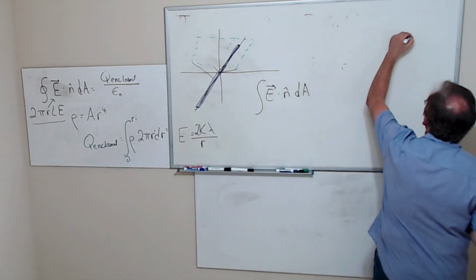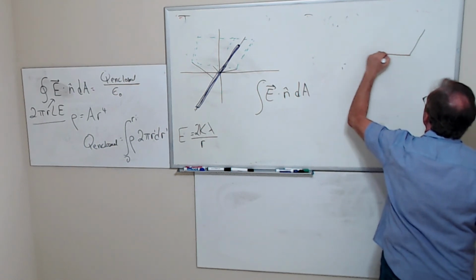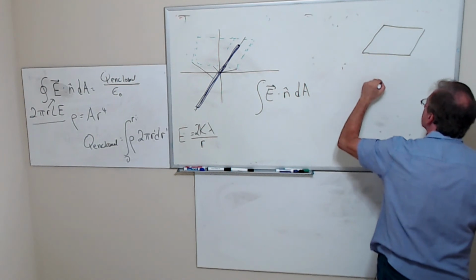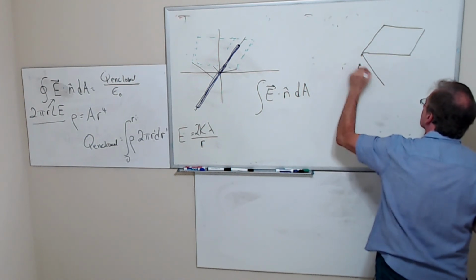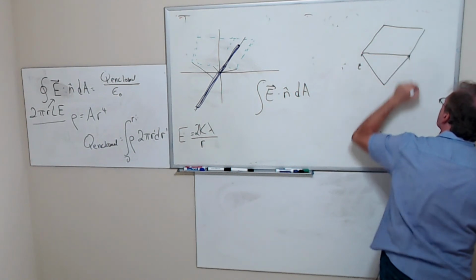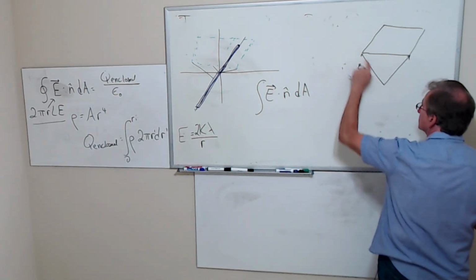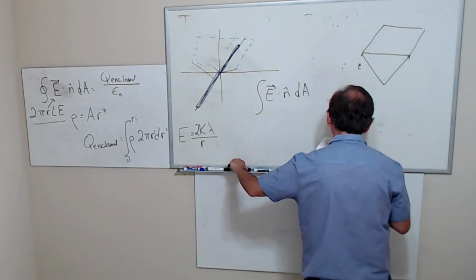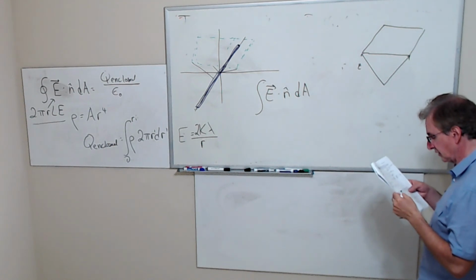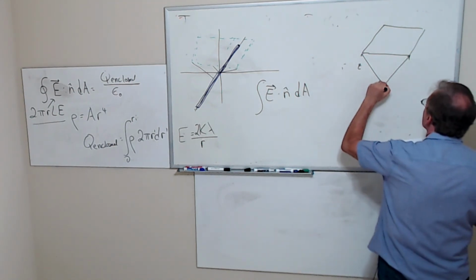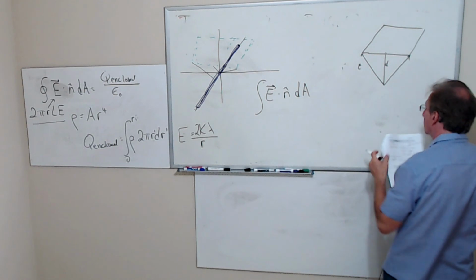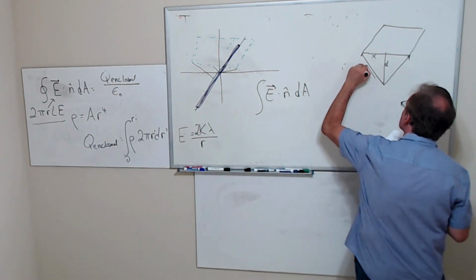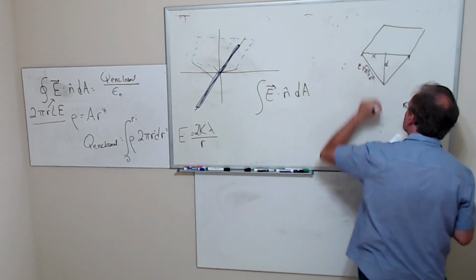So let me draw a better picture. Here's a plane, and here's an electric field vector like this. And the plane is a distance d above the rod. And we'll call this x. So this distance is the square root of x squared plus d squared.